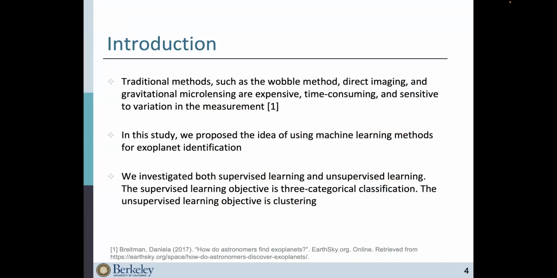So in this study, we proposed the idea of using machine learning methods for exoplanet identification, and we investigate both supervised learning and unsupervised learning. The objective for supervised learning is a three-categorical classification, and the objective for unsupervised learning is clustering. We will introduce later.